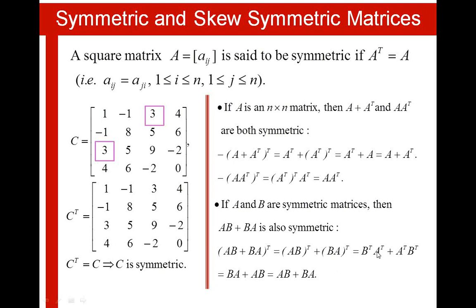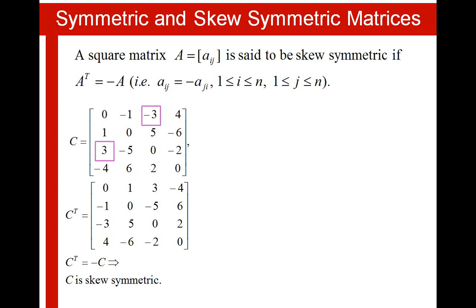Because A and B are symmetric, B transpose is B and A transpose is A, so we get BA plus AB. Since matrix addition is commutative, BA plus AB is equal to AB plus BA.